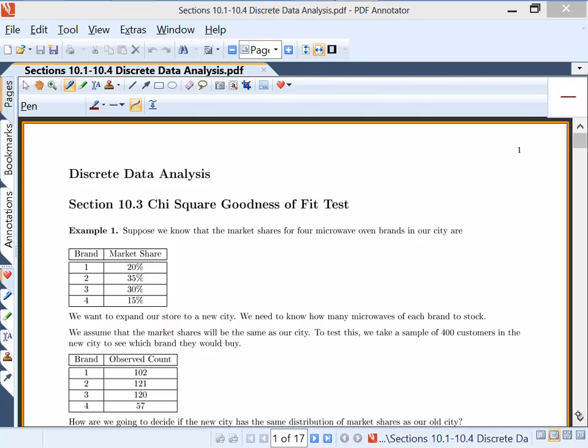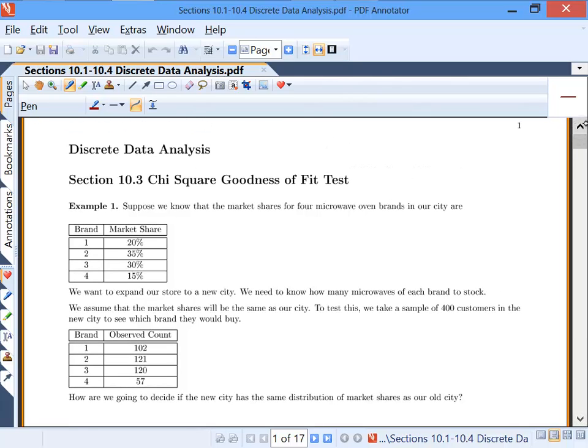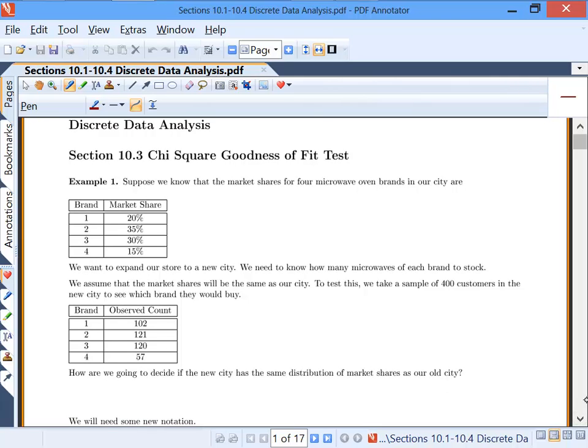Okay. So how are we going to decide if the new city has the same distribution of market shares as our old city? There are some ideas, not necessarily only one idea, but what would you try and look at to see if your market shares are the same? We'll have the percent we match to the old. So compare the old and new percents. What other ideas do you guys have?